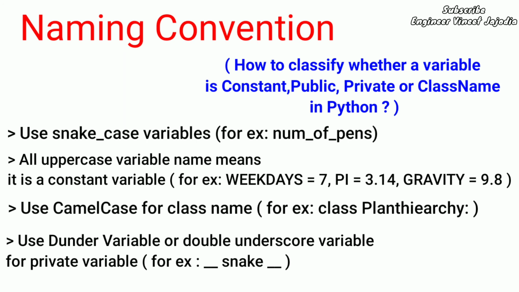If you see variables declared like this, the programmer is saying to you, do not touch this variable. This is a private variable, so do not touch it. So these are the naming conventions of Python, which are very useful in classification of variables, whether it's private, a constant, a class name, or a regular Python variable.